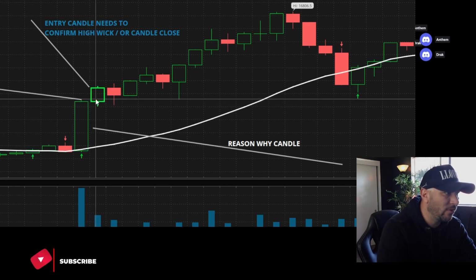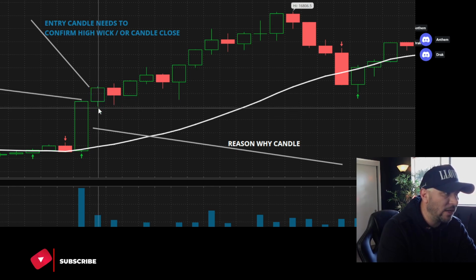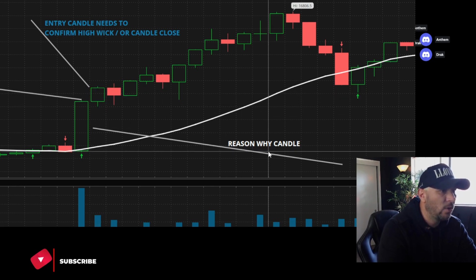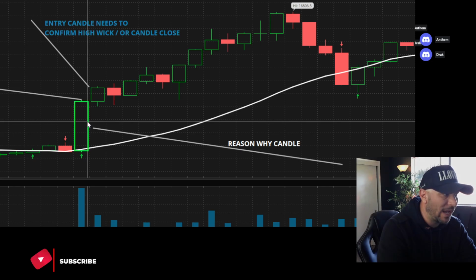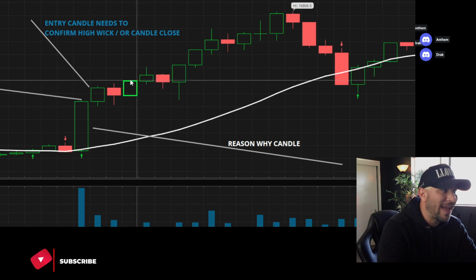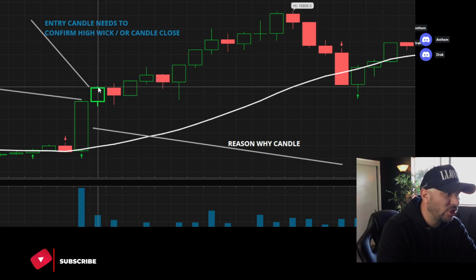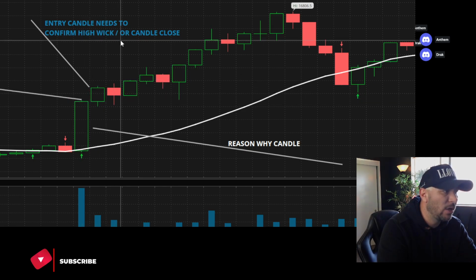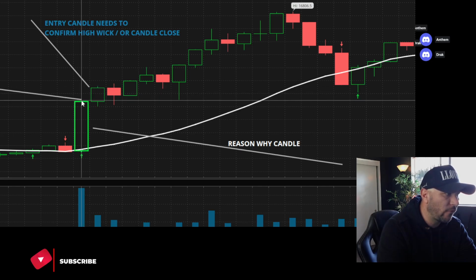Reason why candle, confirmation candle, okay? We enter the trade on a confirmation candle. We don't enter the trade on a reason why candle, and we don't enter the trade after we already push higher than the previous price. We enter when we confirm the price.